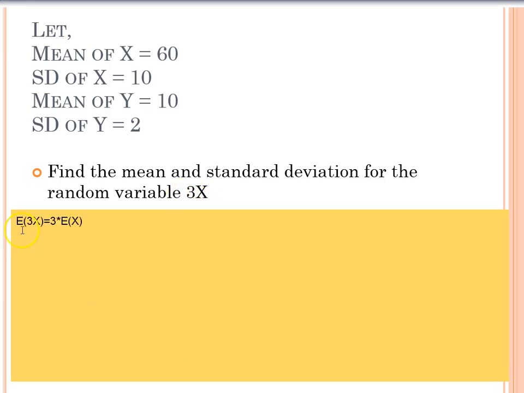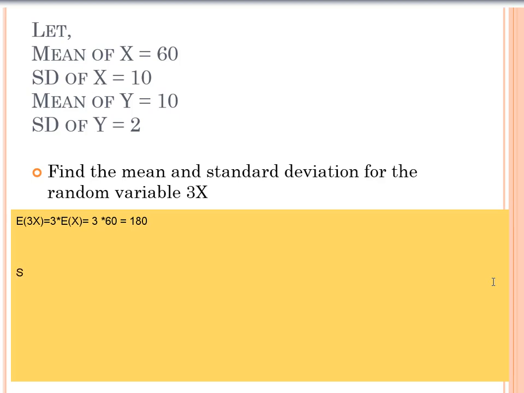So the expectation of 3x can be written as 3 times the expectation of just x. And this is because we said multiplication and division constants can be taken out of that expectation operator. What this leaves us with is 3 times 60, because 60 is the expectation of x, so that gives us a final mean of 180.